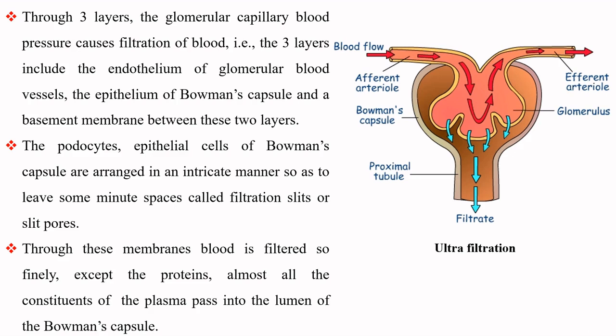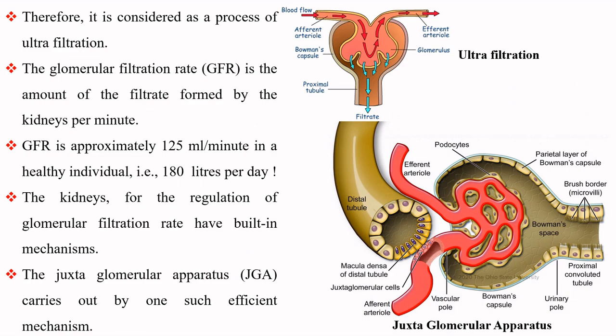Through these membranes, blood is filtered so finely that, except the proteins, almost all the constituents of the plasma pass into the lumen of the Bowman's capsule. Therefore, it is considered a process of ultrafiltration.